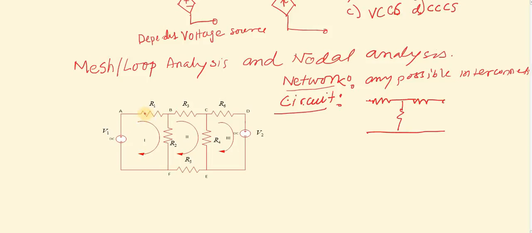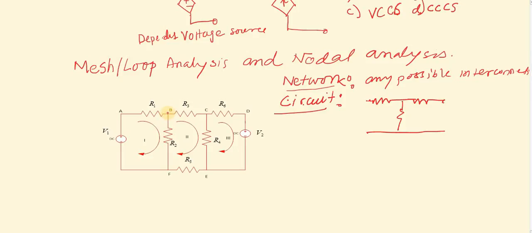And what is a node? Here, B is a node. A node is any connection between two or more branches. Say this is one branch, this is another branch, and this is also another branch. All these three branches meet at point B, so this is our node.